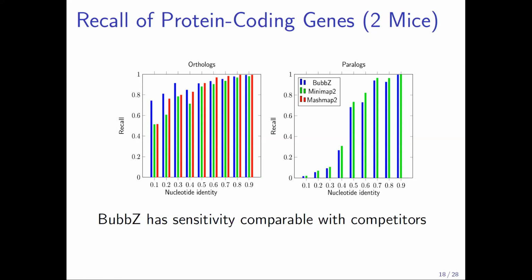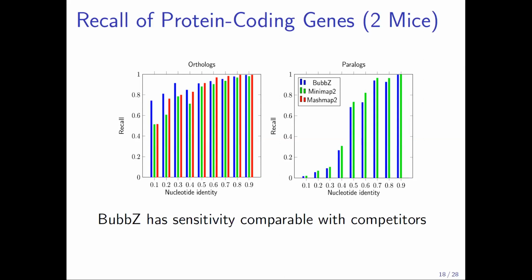And for orthologs, we binned all the pairs of genes into bins corresponding to their nucleotide identity. So for higher nucleotide identity, basically all tools have very similar recall values, but for a lower nucleotide identity, BUBs has a higher recall.